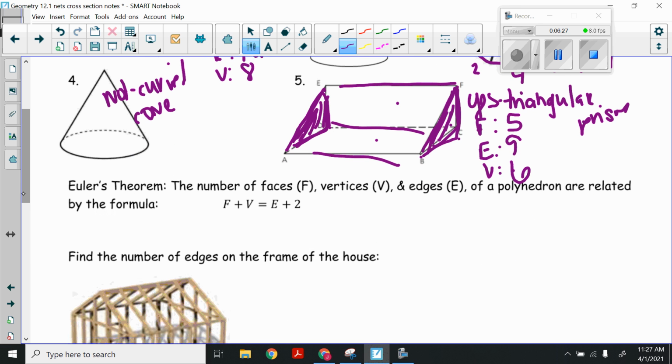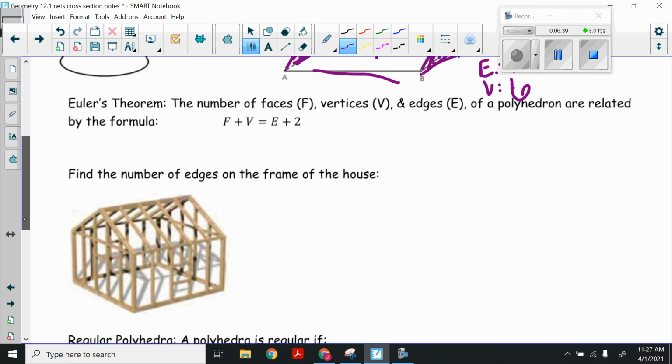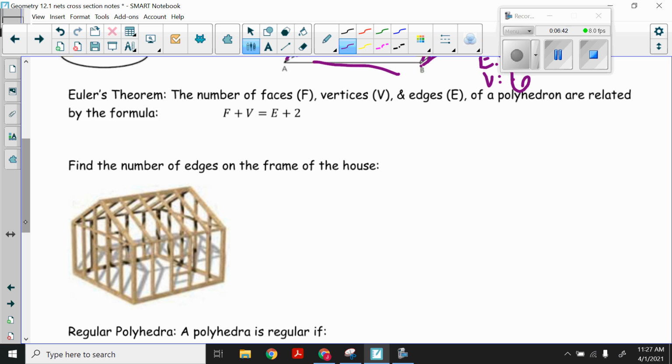We have what's called Euler's theorem. This tells us that the number of faces, F, vertices, V, and edges, E, of a polyhedron are related by the formula: faces plus vertices equals edges plus 2. We're going to use that to find the number of edges on the frame of this house. So we're going to start out with the faces and vertices.